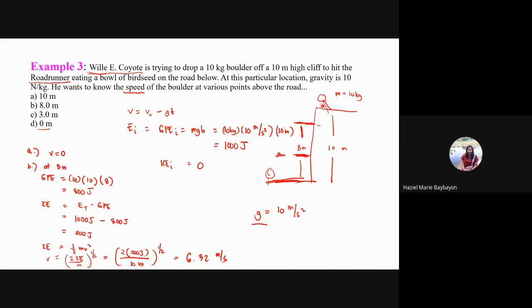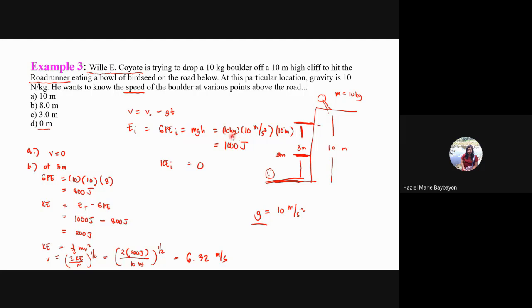At this particular point wherein Wile E. Coyote is holding the boulder here, the boulder has a gravitational potential energy equal to mgh. So you can get the initial gravitational potential energy.